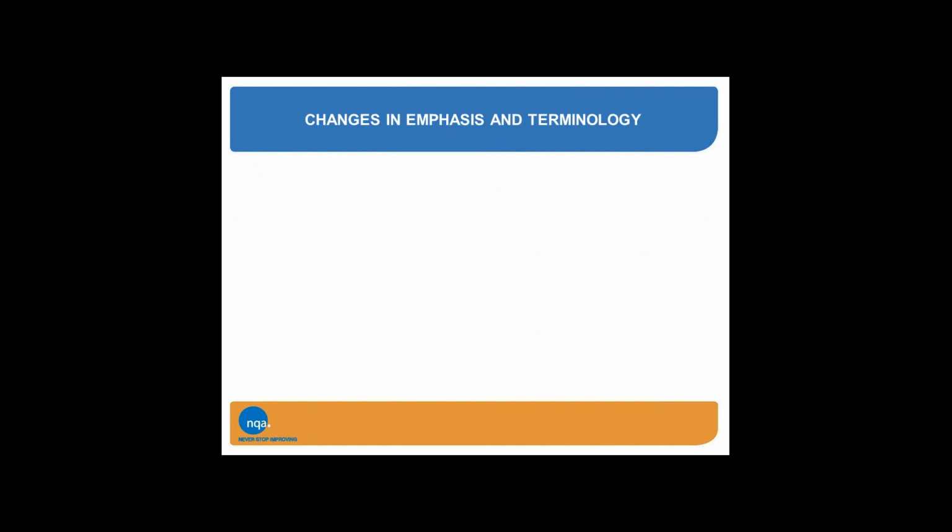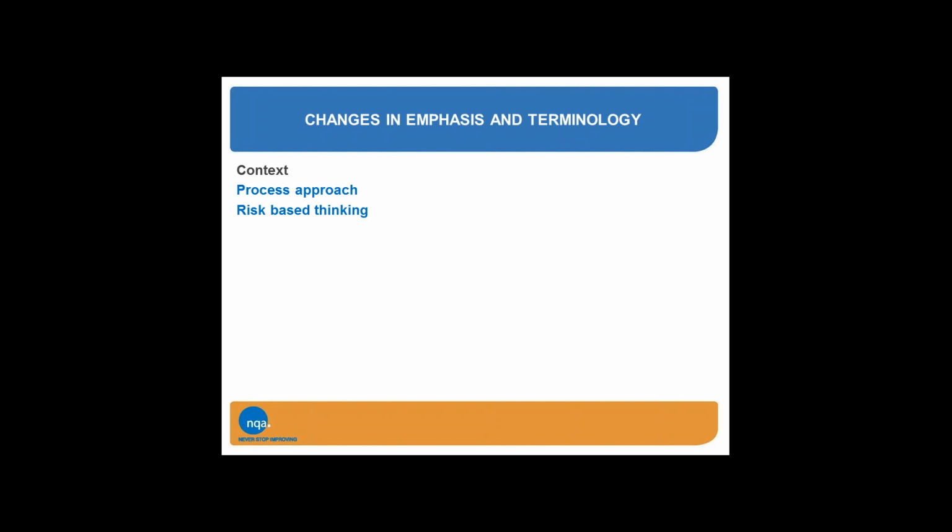So just looking more generally at changes in the standard, I tried to emphasize this as I went through, that a lot of the changes are a change in emphasis or making things more explicit compared to the 2008 standard. So we've got some changes in emphasis and changes in terminology. So context is a new term. Process approach, risk-based thinking.